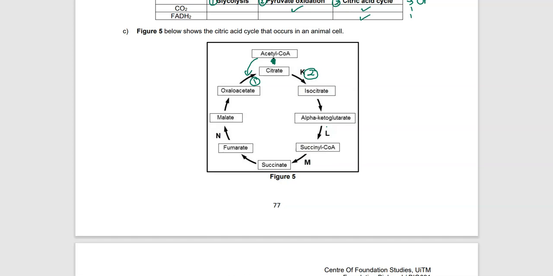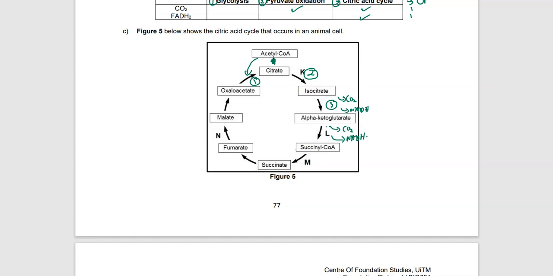K is basically isomerization, and then isocitrate to alpha ketoglutarate is step 3, where carbon dioxide will be removed and there is also production of an NADH molecule. Alpha ketoglutarate will experience another removal of carbon dioxide and production of an NADH molecule.